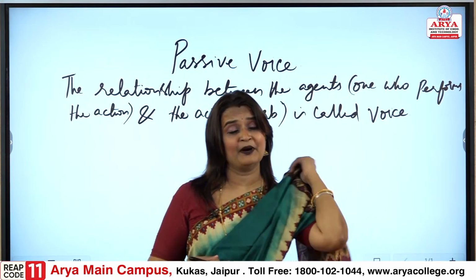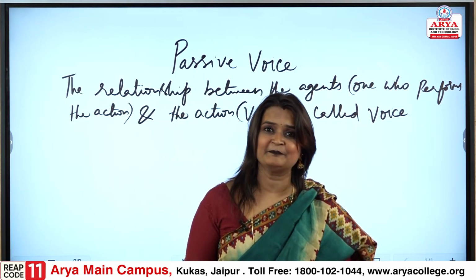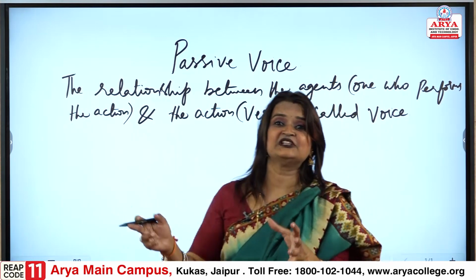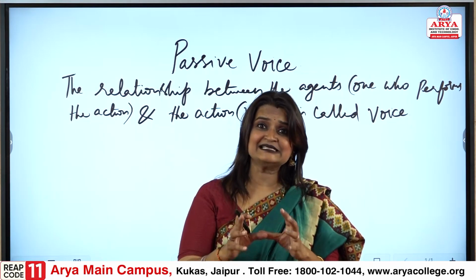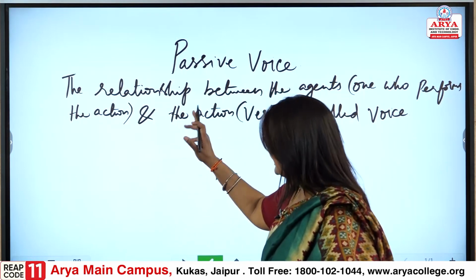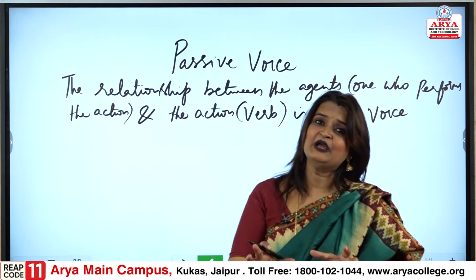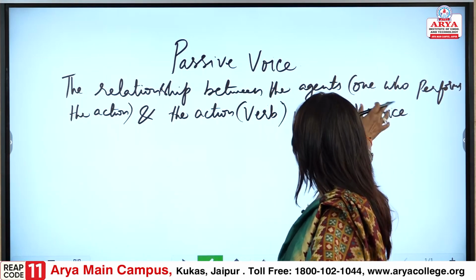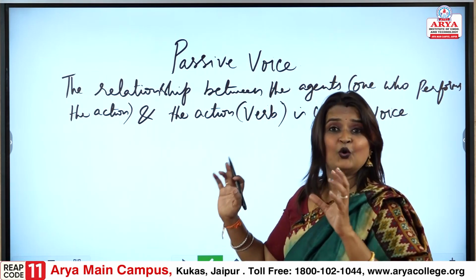The person who is speaking, his voice has its own impact. The action, the voice, has its own relationship and impact. So the relationship we would be learning today is the relationship between the agents.